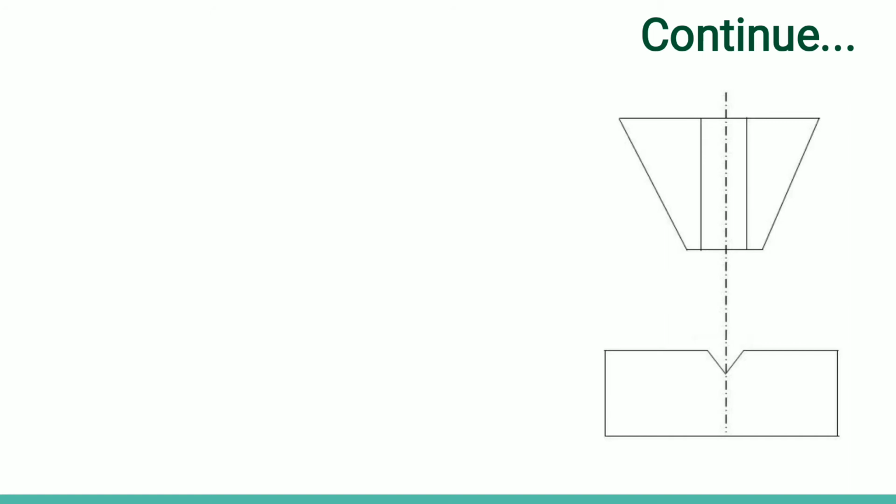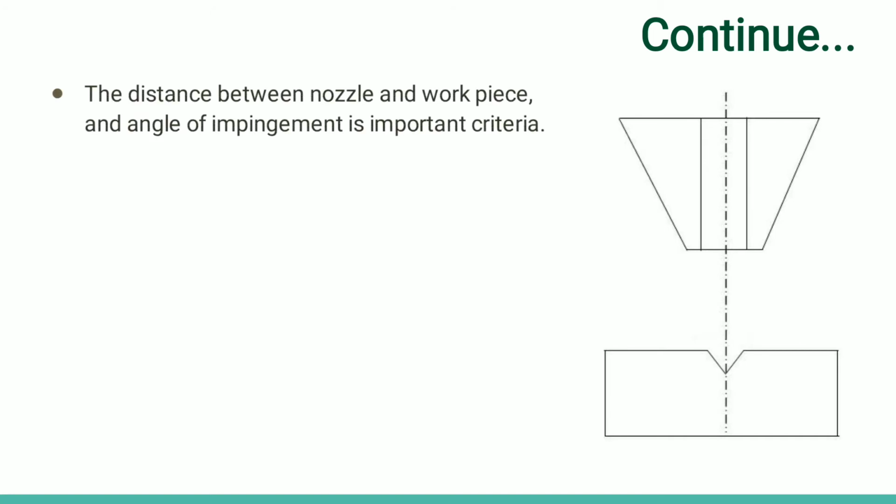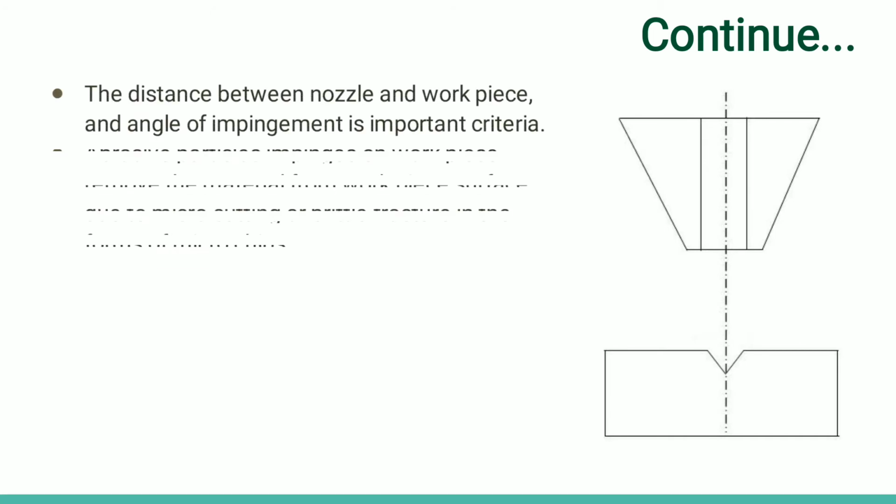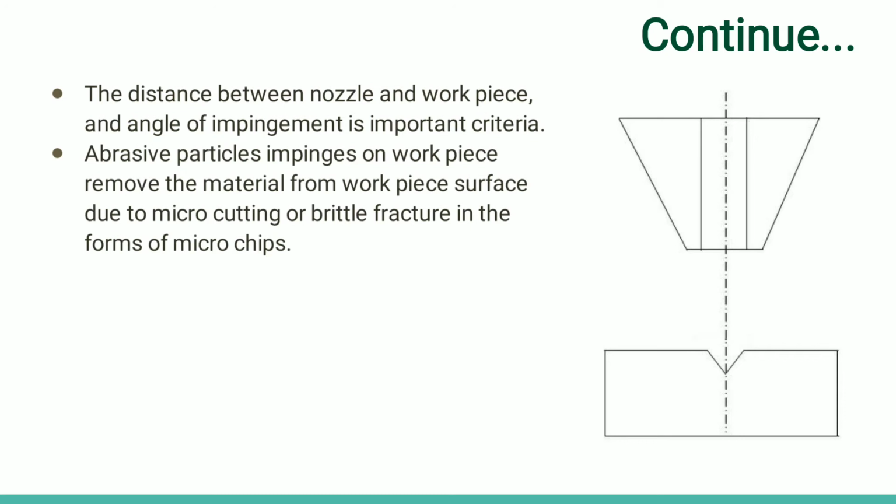Next, the distance of the nozzle is an important criterion that we have already seen. In case it is a brittle material, then when this abrasive particle impacts over here, it will remove the material.